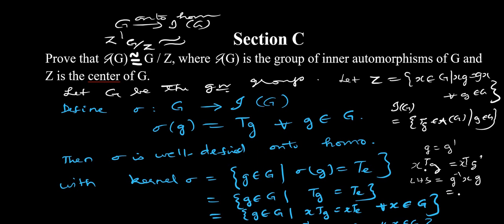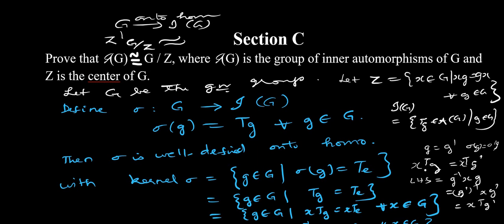But g being equal to g prime, it will be g prime inverse xg prime. But this is nothing but x Tg prime, the image of x under Tg prime. So as the images are equal, the mappings are equal, and therefore we have sigma of g to be equal to sigma of g prime. So you have your sigma to be well defined, and onto is very obvious.